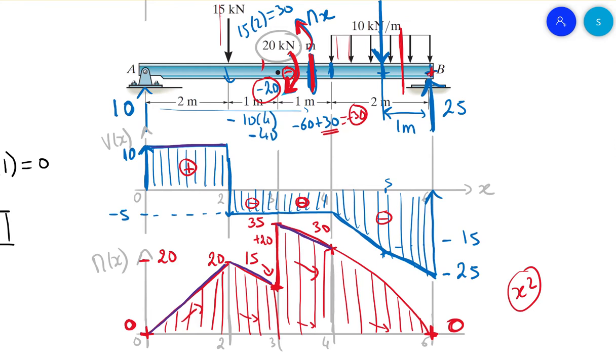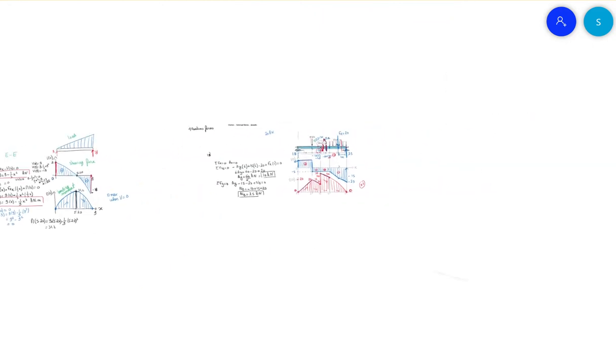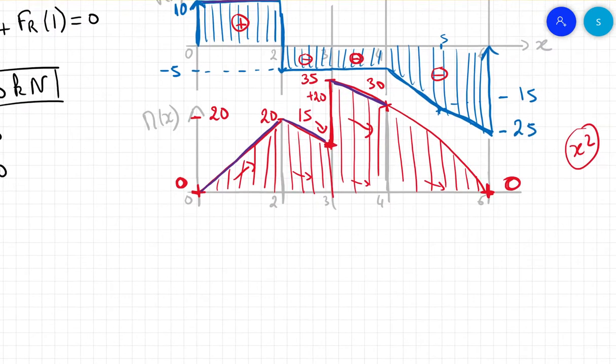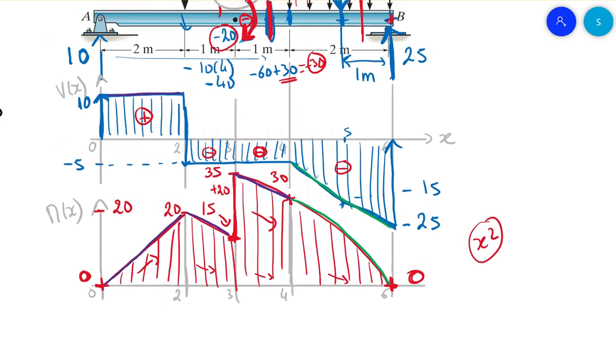When the shearing force decreases linearly, this one is a line from there to there. This one decreases with a parabolic function, square.